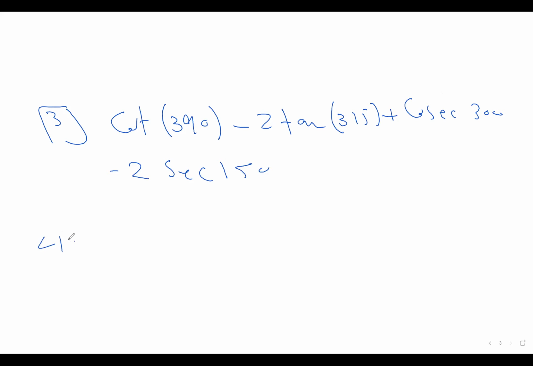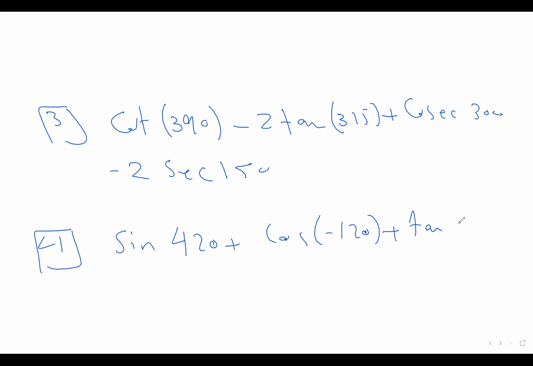Number 4: sine 420 plus cosine negative 120 plus tan 225. Okay.